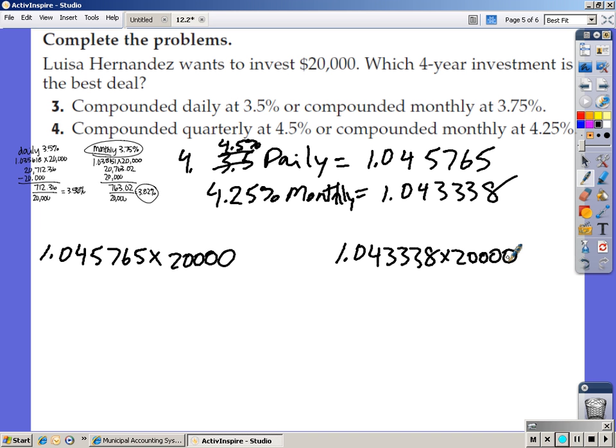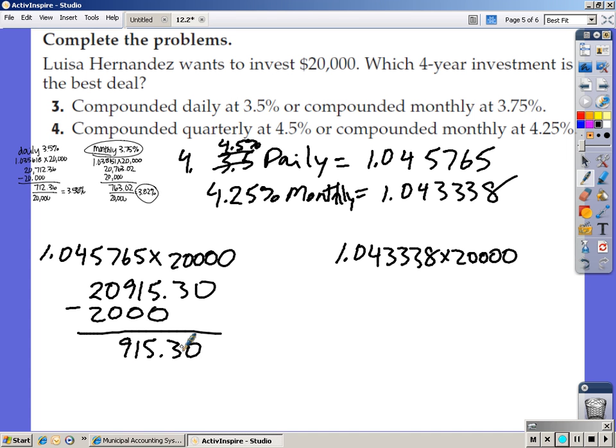Okay, 1.045765 times 20,000 is 20,915.30. Subtract your original 20,000 off of that, you get 915.30. Divide your original 20,000 into it now.